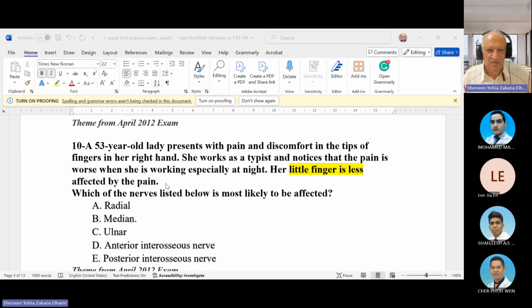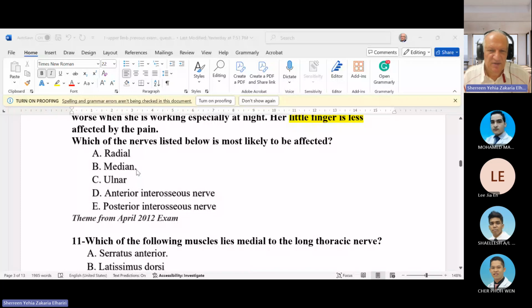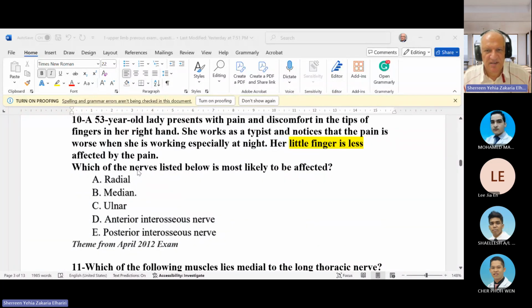Carpal tunnel syndrome is an affection of the median nerve, which affects the tips of the fingers except the lateral, which is half of the little finger and half of the fourth finger, which is the ring finger. So the little finger is less affected, and this is carpal tunnel, so it is median nerve affection. It is carpal tunnel syndrome.